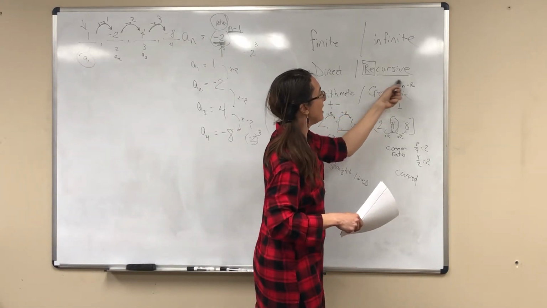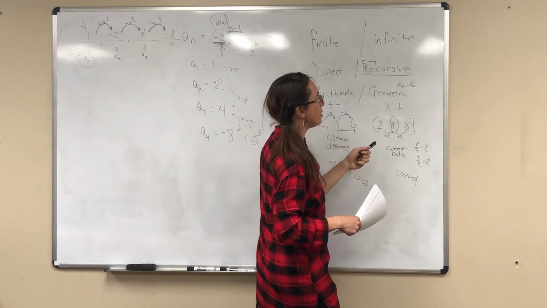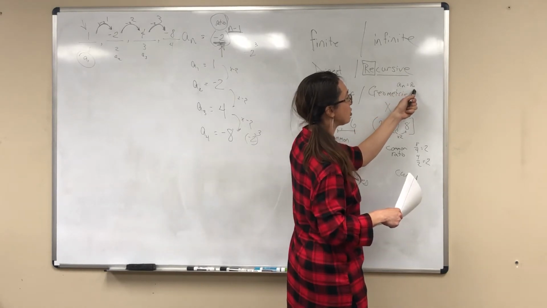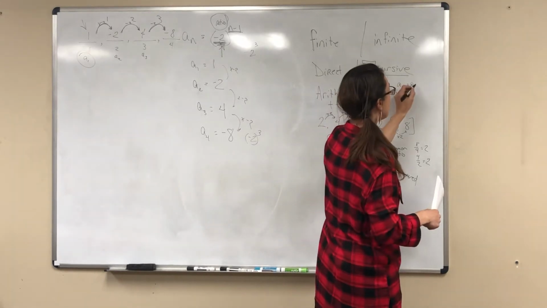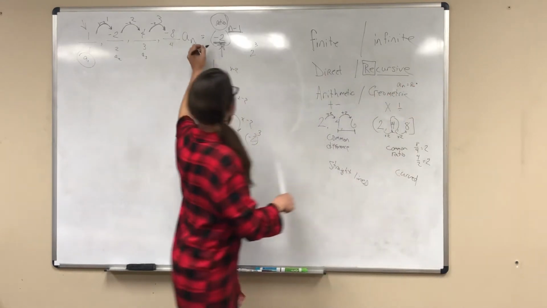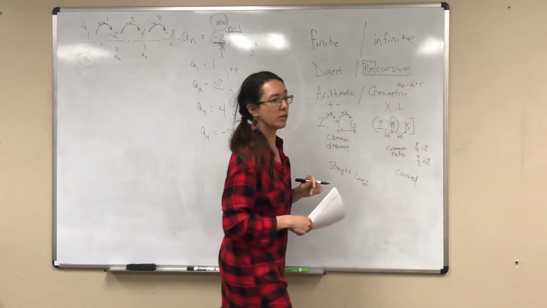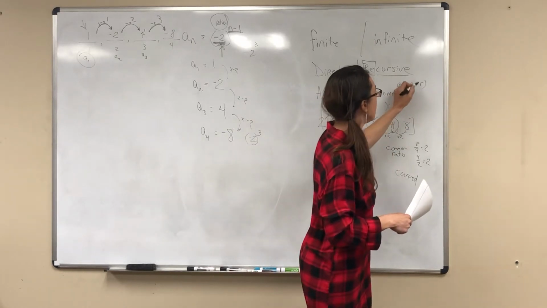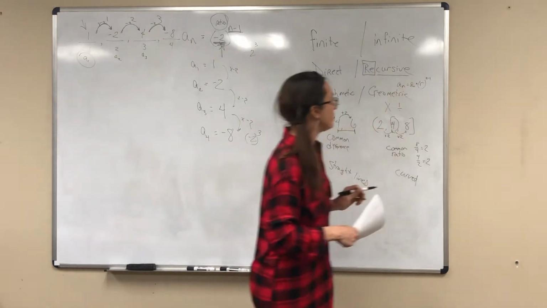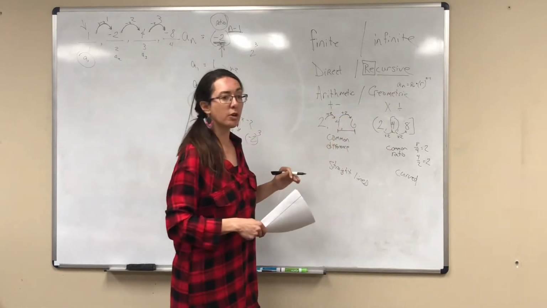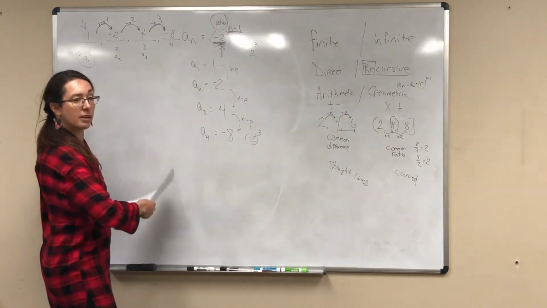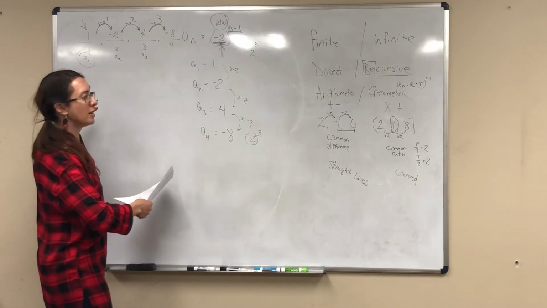So to find any value in a geometric series, I'm going to start where I start and multiply that times my ratio, which is called R, your common ratio, to the n minus 1. That looks super confusing if we haven't looked at what it really is.